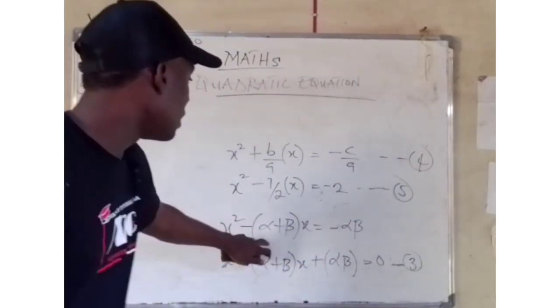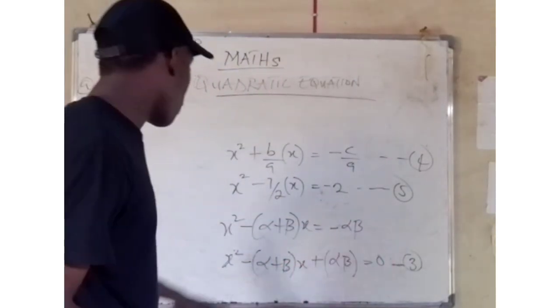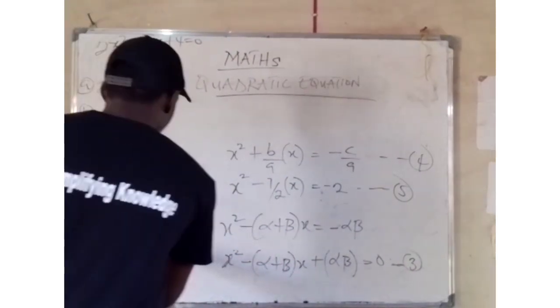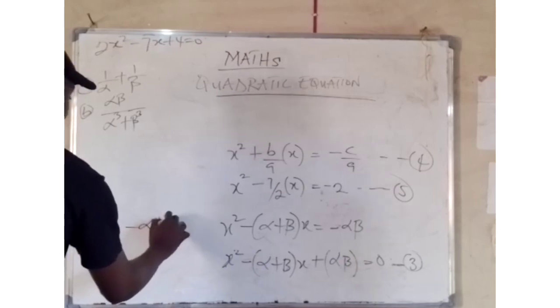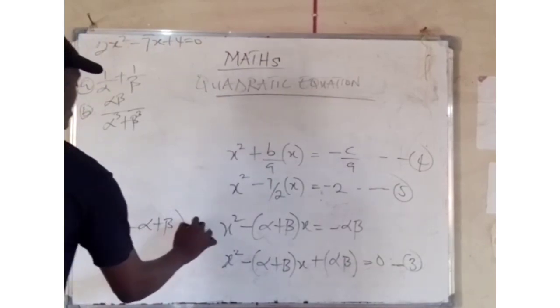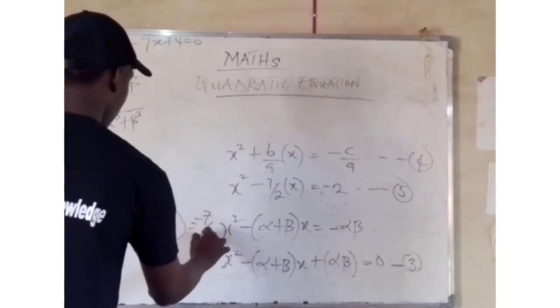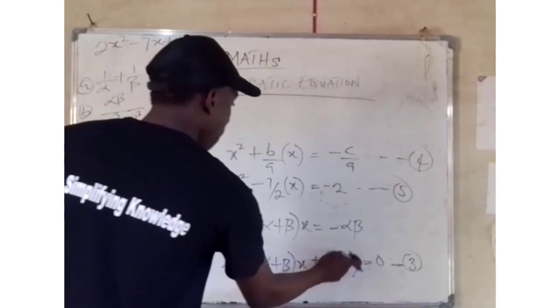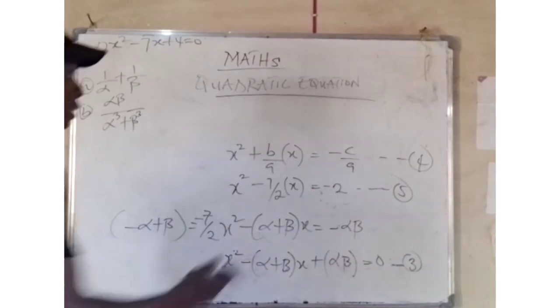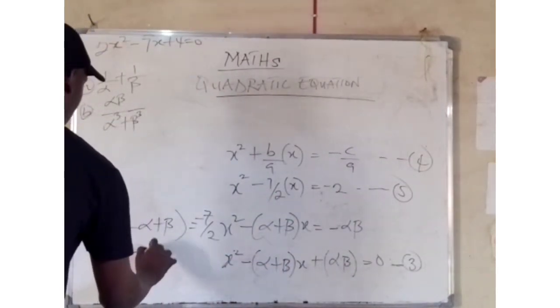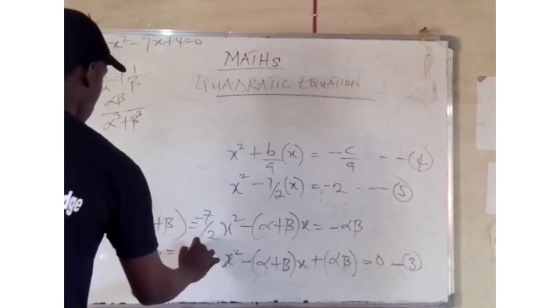Now relate this to this. You will discover that alpha plus beta is equal to 7 over 2. And minus alpha beta is the same thing as minus 2, isn't it? Minus alpha beta is the same thing as minus 2.